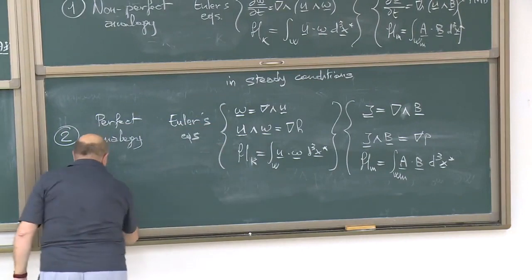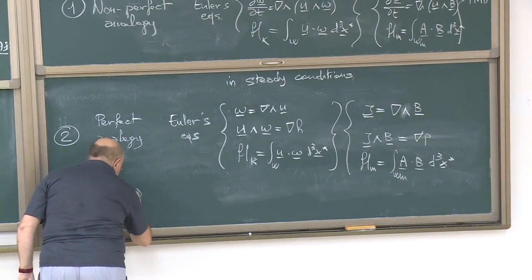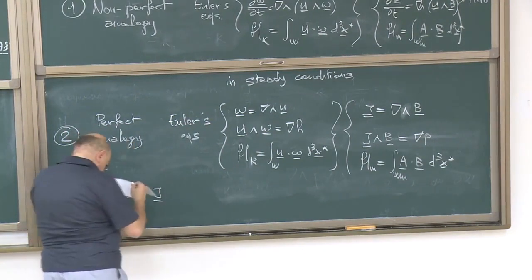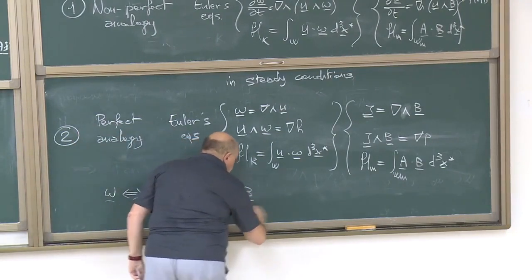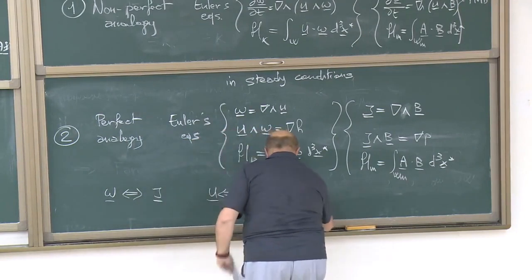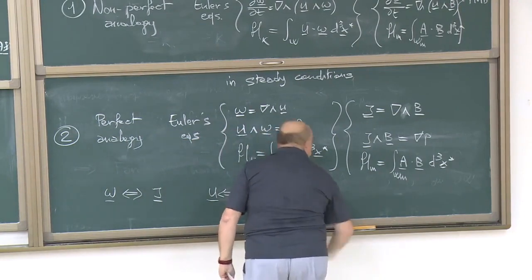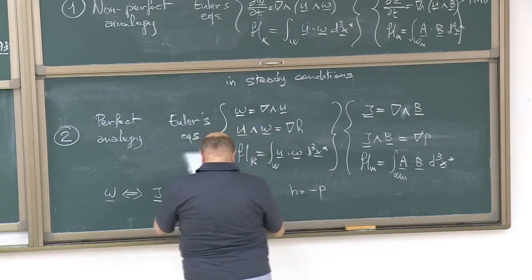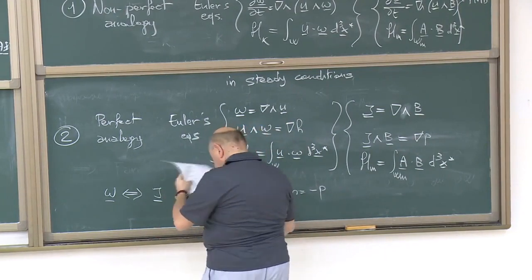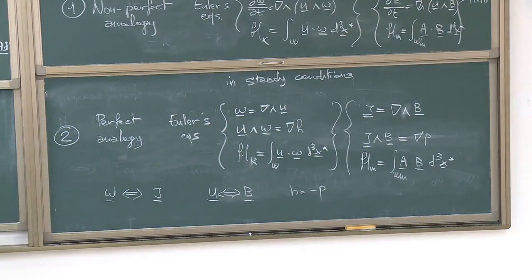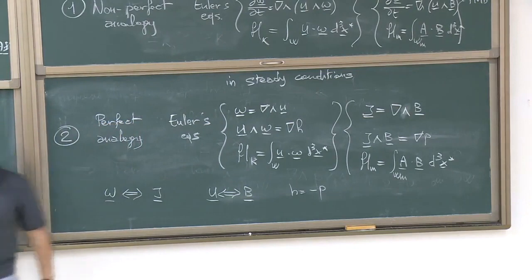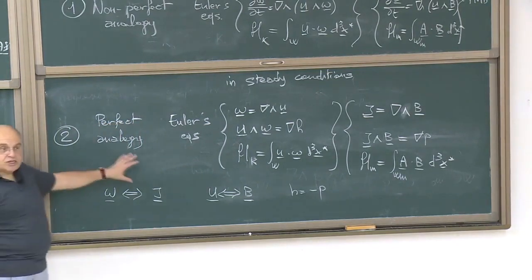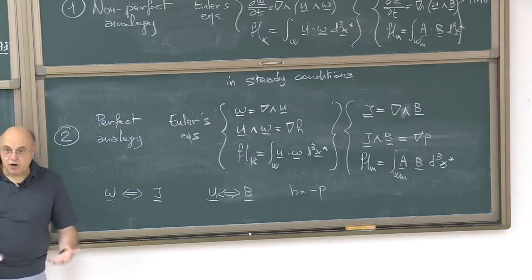So the analogy is omega corresponding to J, say, and U corresponds to B, and H would correspond to minus P. There is a minus somewhere I'm missing, and in the notes as well. So this allows us to use this analogy to inspect properties.